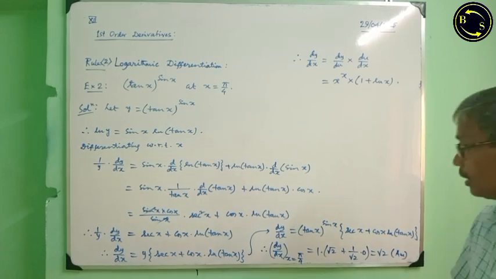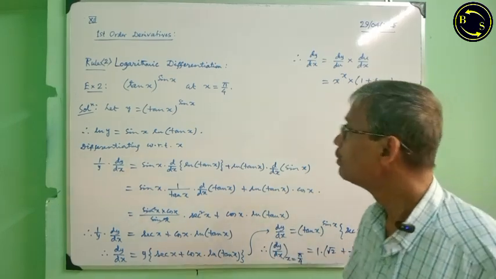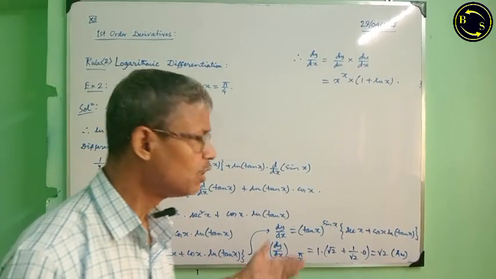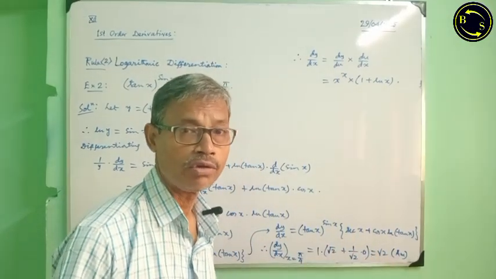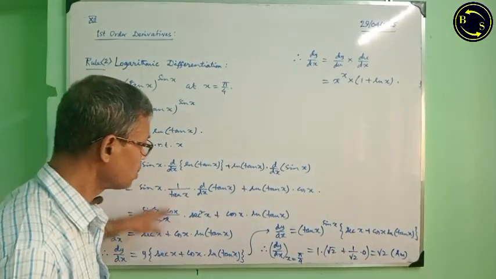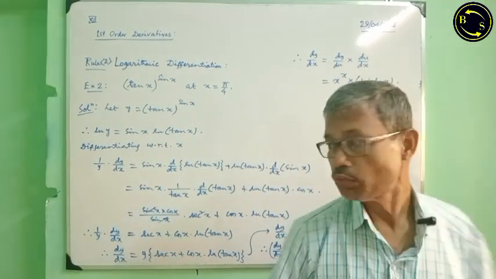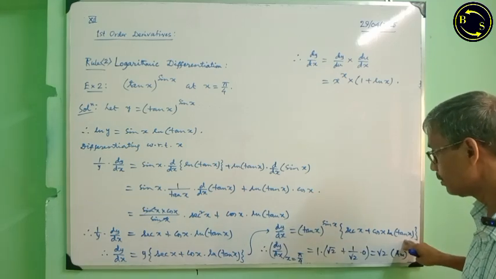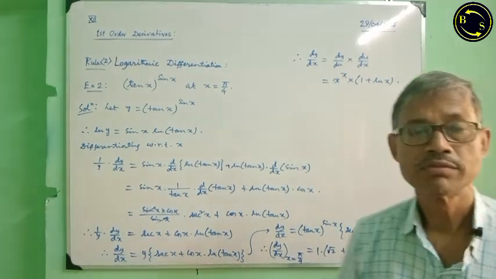Actually, for this last part, say out of 4, you will be awarded 1 mark only. Therefore, this initial part is very important. You have to work out up to this correctly. The sum is finished.